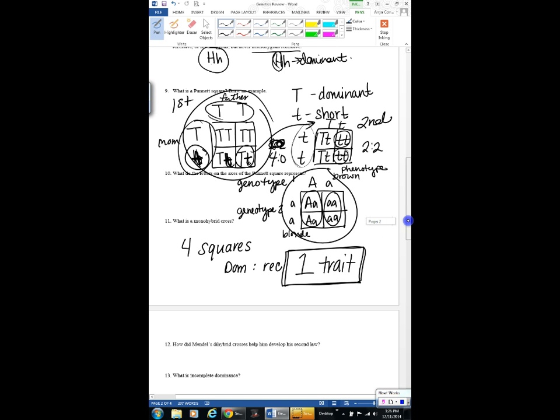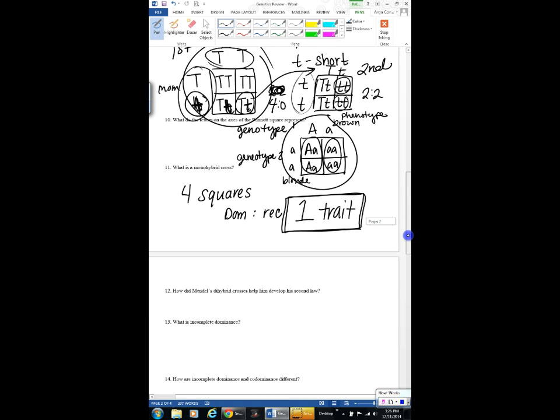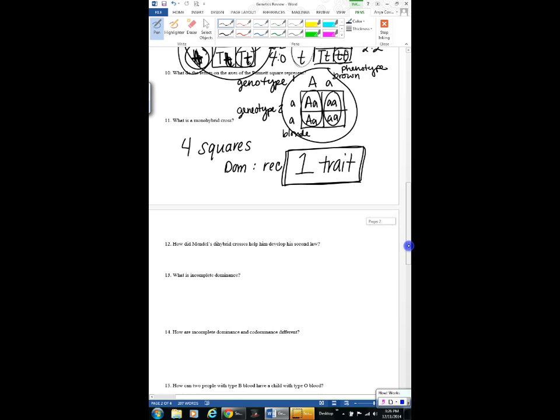Whereas a dihybrid cross is going to be a little more complex. A dihybrid cross is going to have 16 squares, and its ratio is always going to be: both the first one and the second one are dominant; the first one is dominant, the second one is recessive; the first one is recessive, the second one is dominant; and then the last number is always going to be they're both recessive.